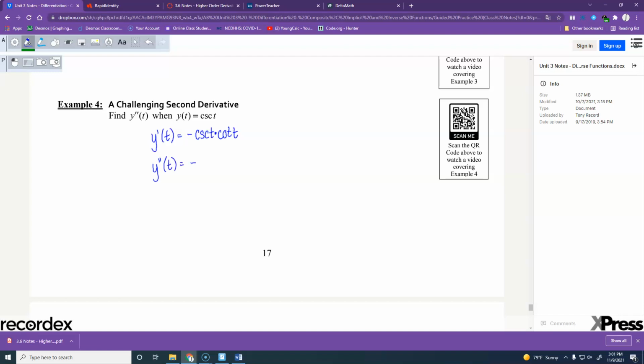So it's going to be negative cosecant t times the derivative of cotangent, negative cosecant squared t, plus cotangent t times the derivative of negative cosecant, which we literally just did.